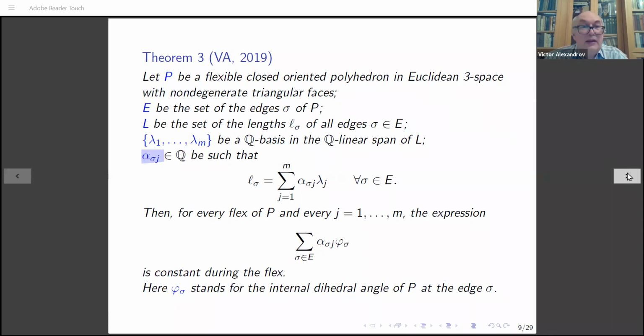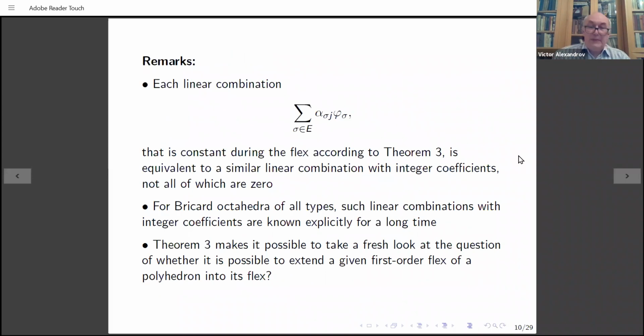Okay, so let me say a few remarks to this theorem. Remark 1: each linear combination that is constant during the flex, according to Theorem 3, is equivalent to a similar linear combination with integer coefficients, not all of which are 0.